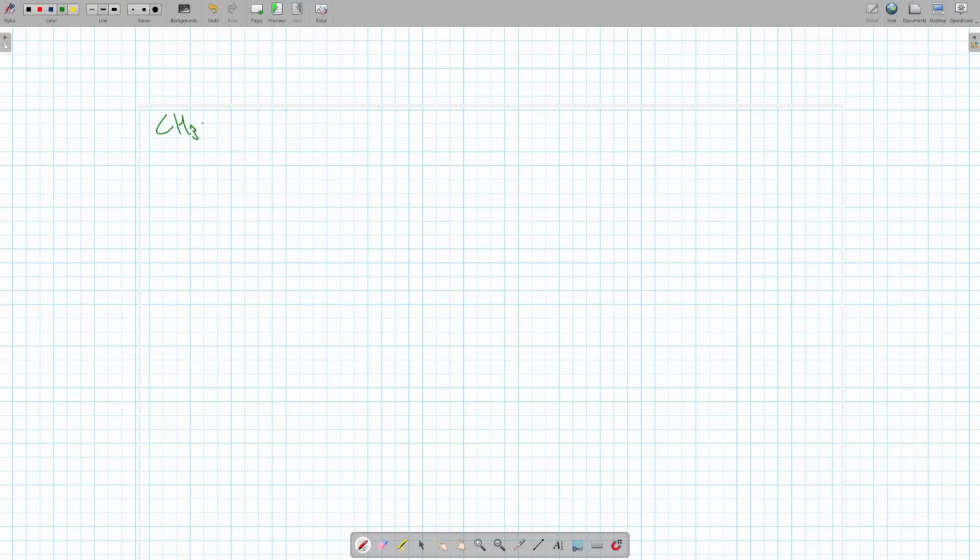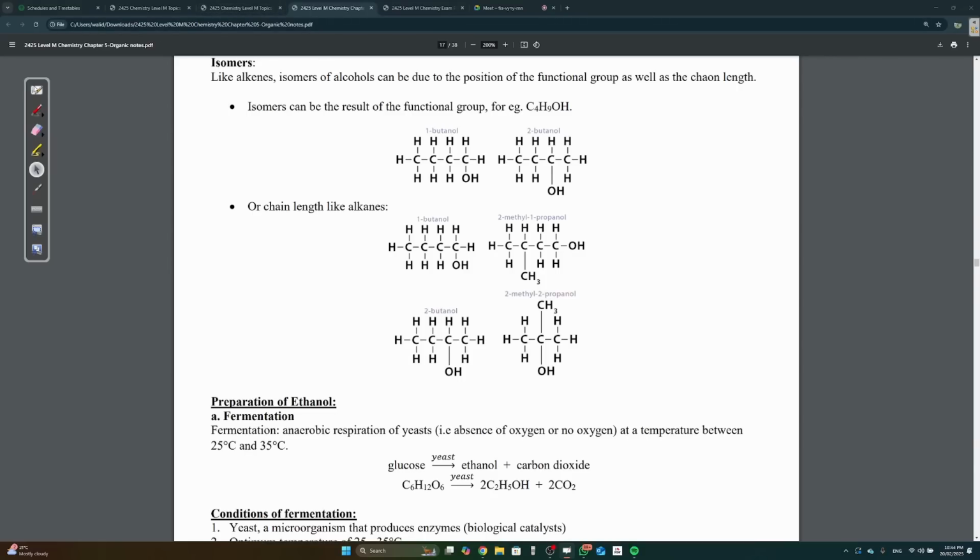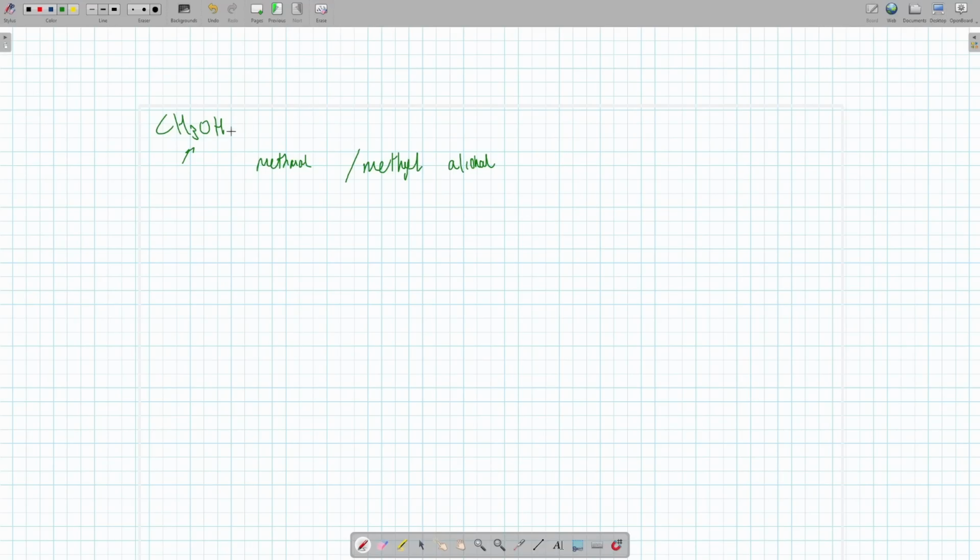So we're going to start with CH3OH. This is called methanol, but the long name for it is methyl alcohol. Anyway, for one carbon, obviously methanol, or we say methyl alcohol, because it's CH3OH. Remember, CH3 is methyl, right, guys?